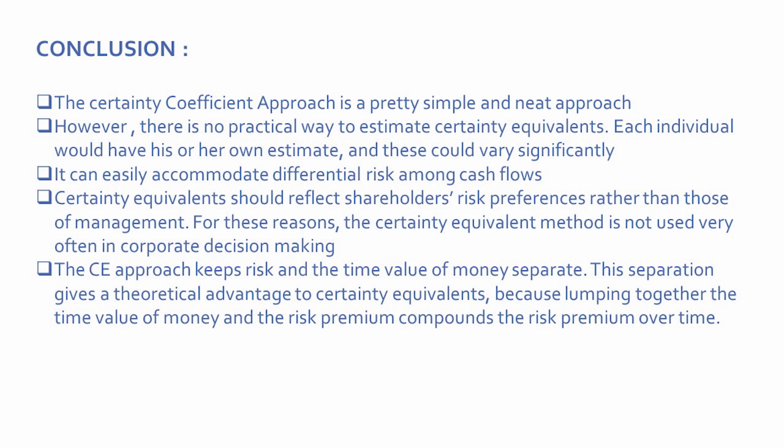So it will matter very significantly because everyone is going to be different. It can easily accommodate differential risk among the cash flows, and the certainty equivalent should reflect the shareholders' risk preference rather than that of the management. Now for these reasons, the certainty equivalent method is not used very often in corporate decision making.